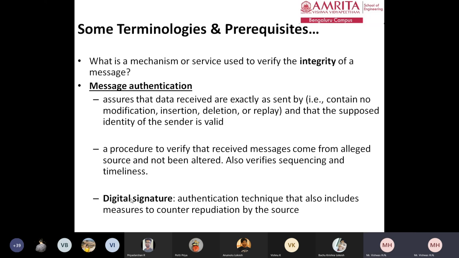But anybody can, for example, use your public key and encrypt. It's fine, I can do it. But where it is used and how it is used, we will see. Since I don't have the slide for this, let me put it in a slide in the next class and continue with the cryptography based authentication.